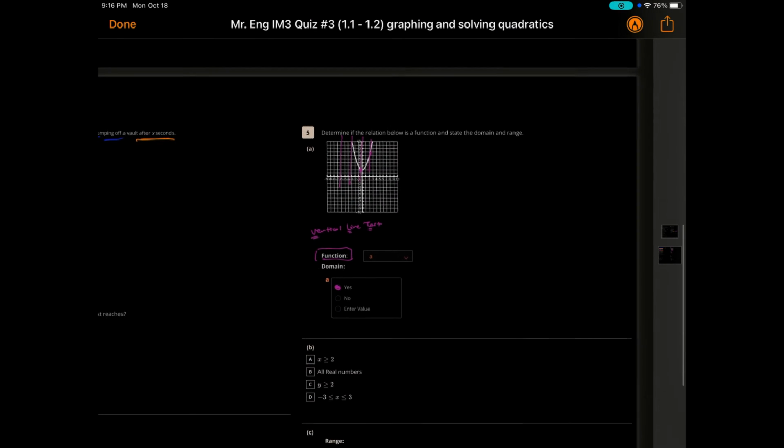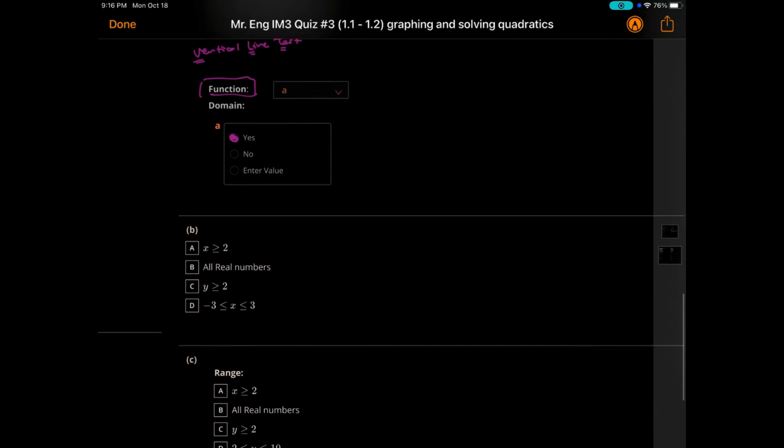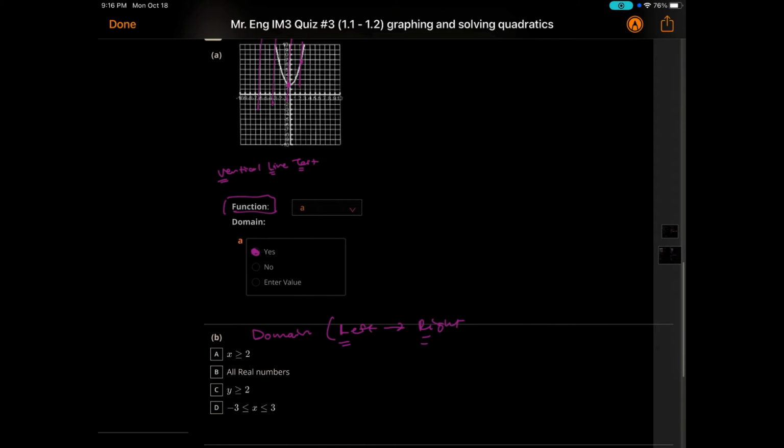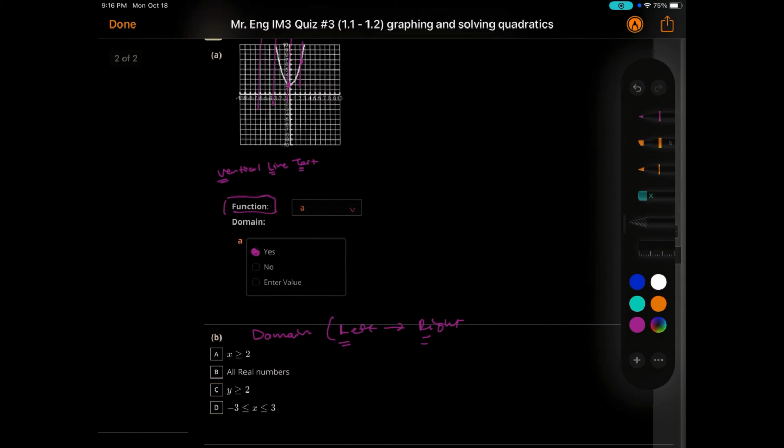Okay, B. Let me double check that. I believe that they're asking for the domain. So we talked about how the domain, you want to go from left to right. And let me see if I can do that in a different color. Magic.